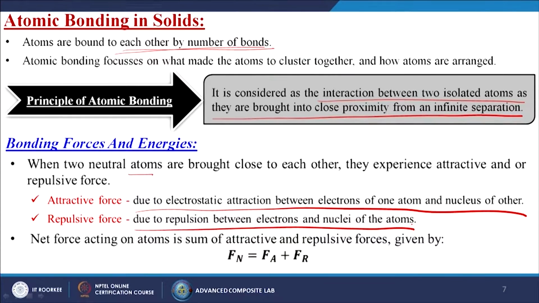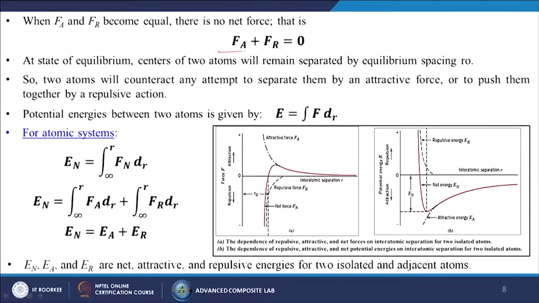The net force acting on an atom is the sum of the attractive and repulsive forces, given by F_N = F_A + F_R. When F_A and F_R become equal, there is no net force, that is F_A + F_R = 0. At this state of equilibrium, the centers of two atoms will remain separated by the equilibrium spacing r0.